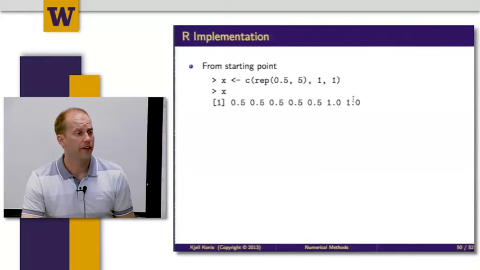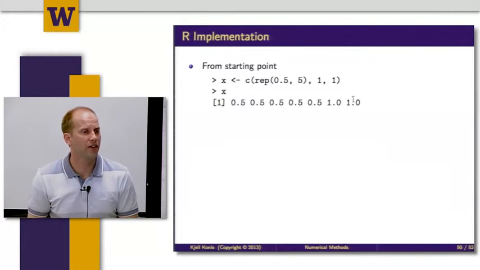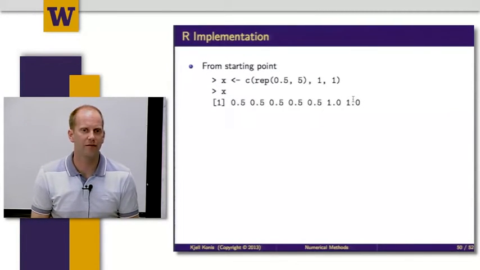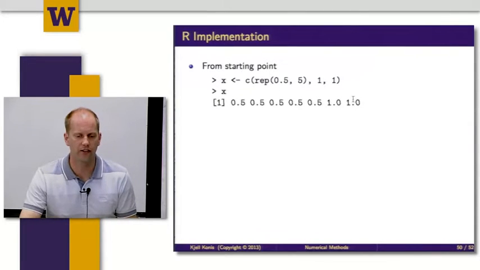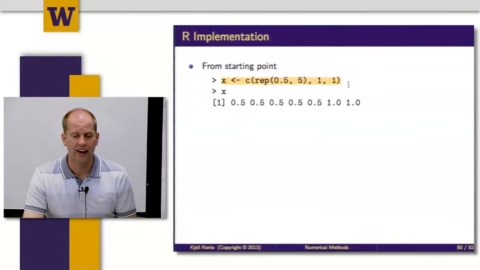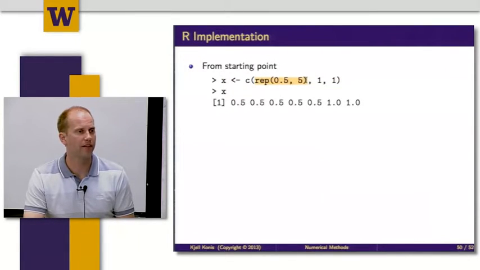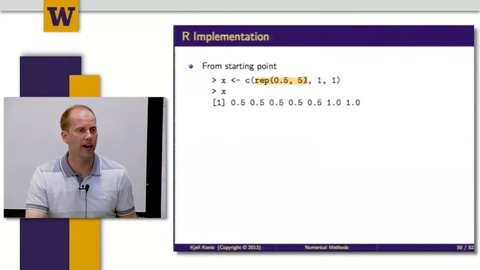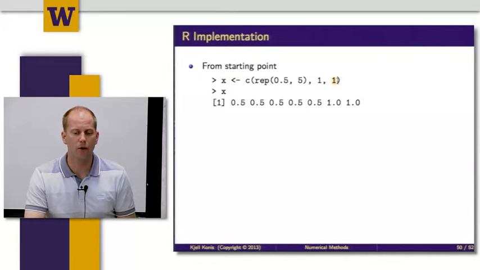So the bulk of the work was getting these two functions to compute the gradient and the function. But once I've done that, I can just assign myself a starting point. I'm going to use 1/2 repeated 5 times, so this makes a vector 1/2, 1/2, 1/2, 1/2, 1/2. Then I'm going to put a 1 and a 1 at the end of it.